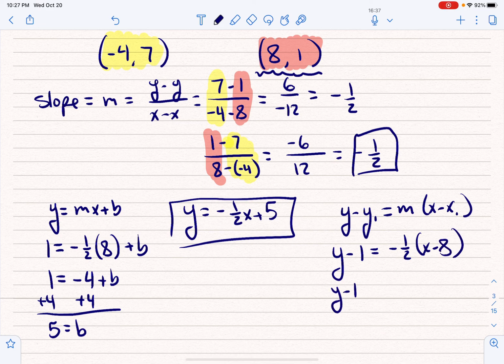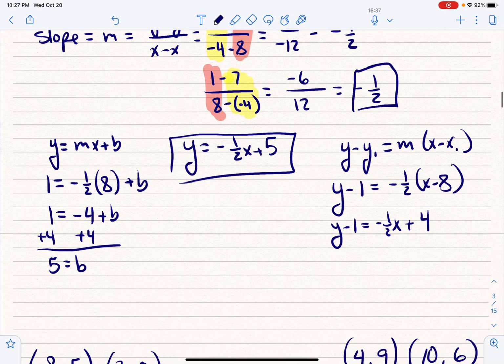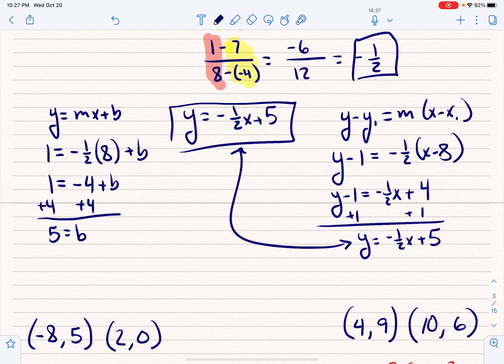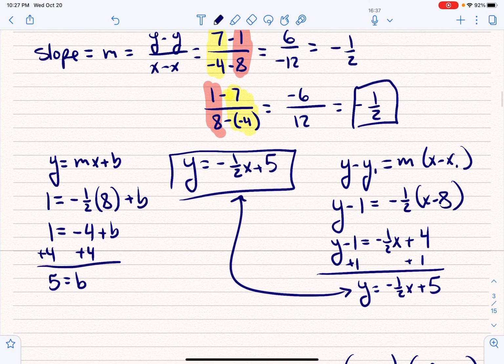So I get y minus 1 equals -1/2 x plus -1/2 times -8, which is +4. Then I add 1 to both sides, and I get y equals -1/2 x plus 5. And check it out, it's the same answer because math is true. Hopefully that is the answer you got, and if you didn't, hopefully you see where you went wrong.